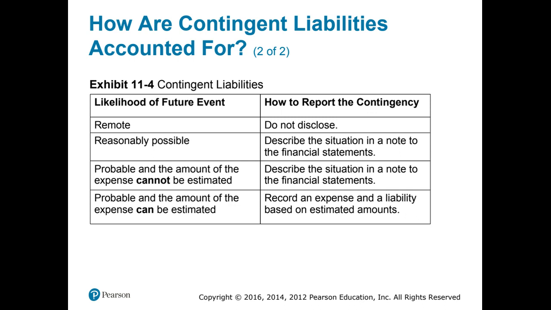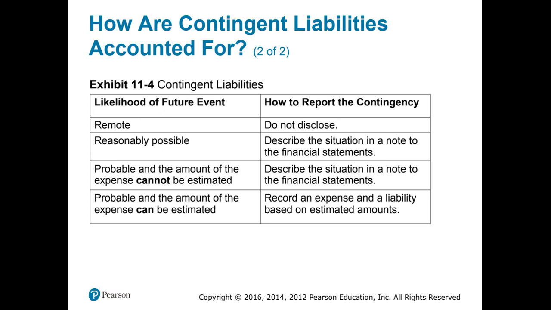So at the end of the year, some companies every month, some every quarter, some annually, send out their financial statements. And if it's reasonably possible that this event might occur, we're going to put a note in the financial statements describing this event that may possibly happen.